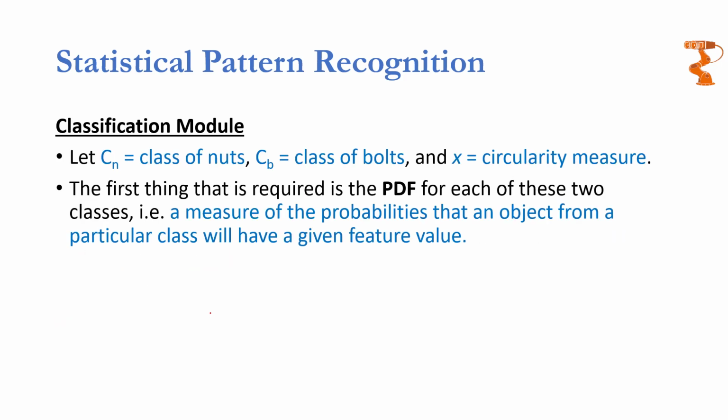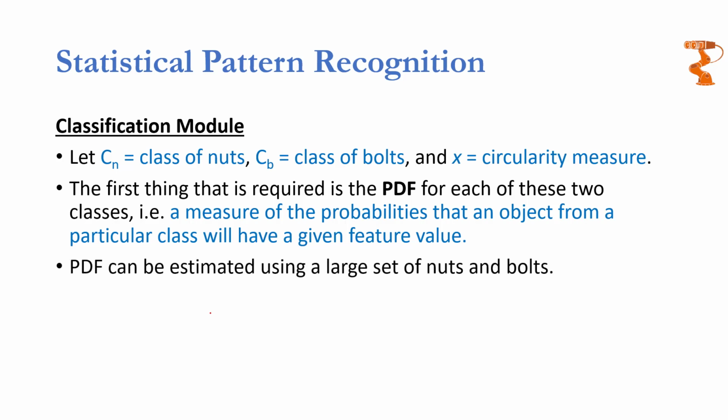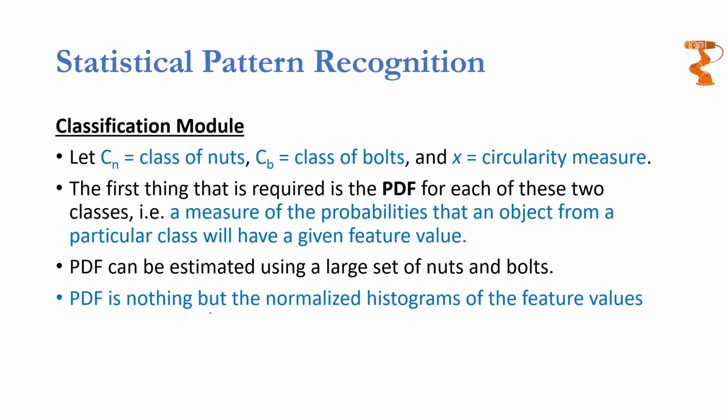To use the ML classifier, we require probability density functions of both classes. A PDF may be formulated using a large number of objects from both classes and extracting the feature values from all the objects. Jotting down these feature values in the form of a histogram and normalizing the histogram will give us the PDF.